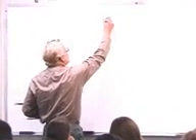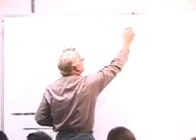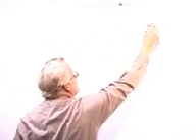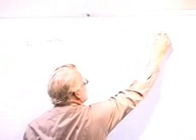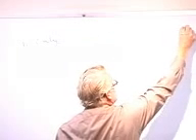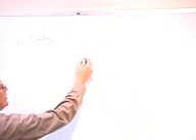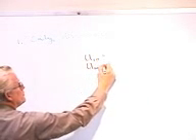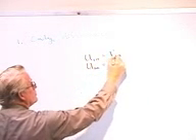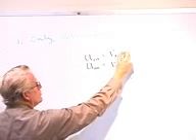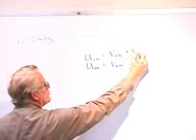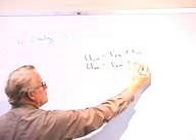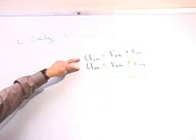First one is only differences in utility matter. What this is saying is if you have alternatives, say 1 and 2, you can add a constant to both of them and it won't change anything.